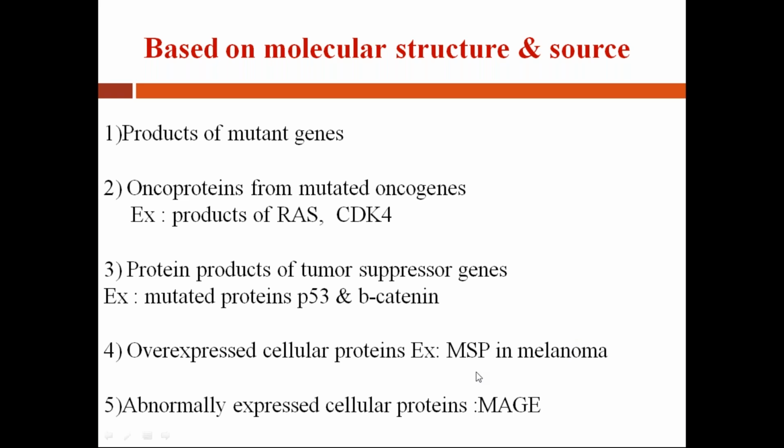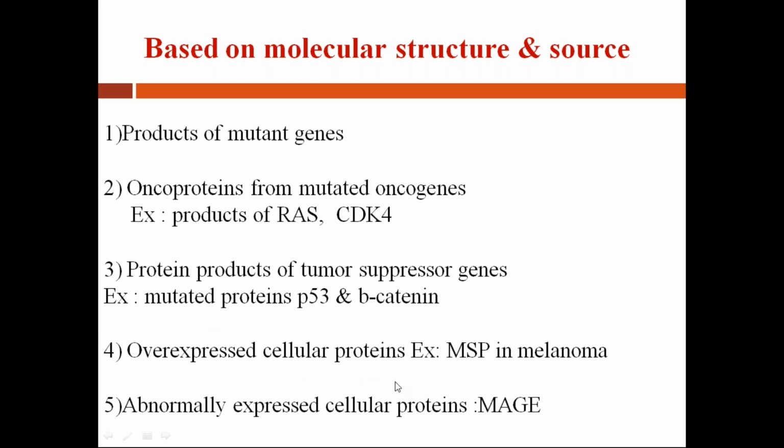In that malignant melanocyte, the same protein which was expressed in normal amount is now overexpressed in that tumor cell, or the quantity of that protein is more than the normal. So that is also considered as foreign.